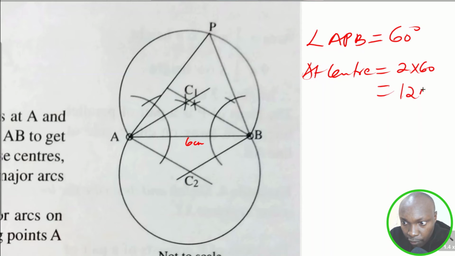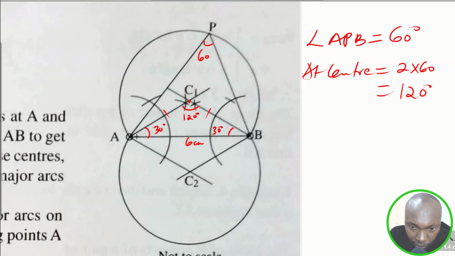So you'll have 120 degrees at the center. So this angle is 60, sorry. If that angle is 60, then the angle at the center here will be 120. If this is 120 and this will be the center, therefore for the remaining angles here, you are going to construct 30 here and 30 here.